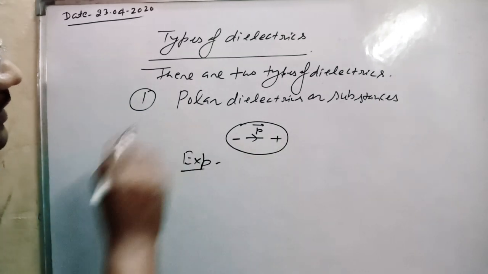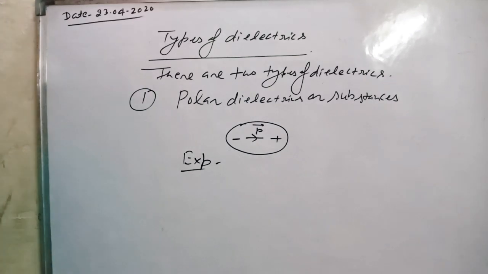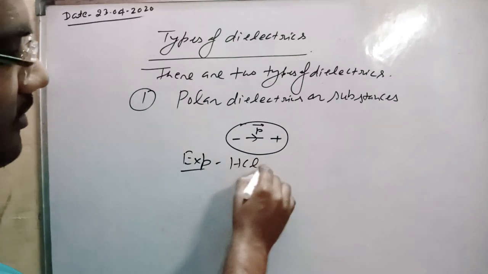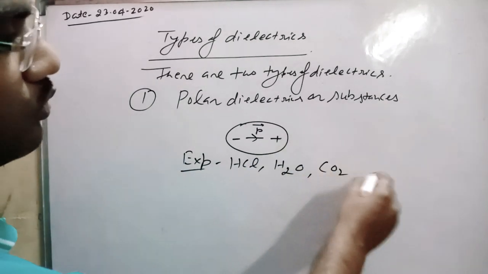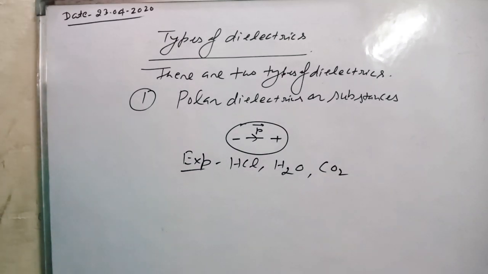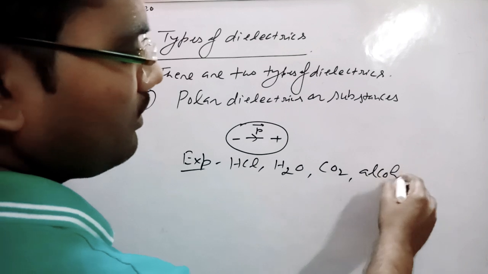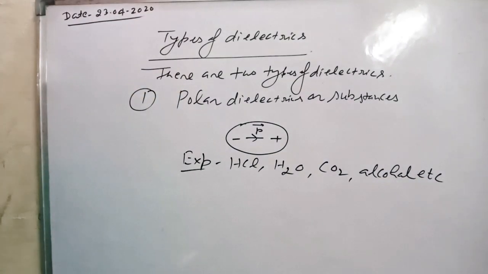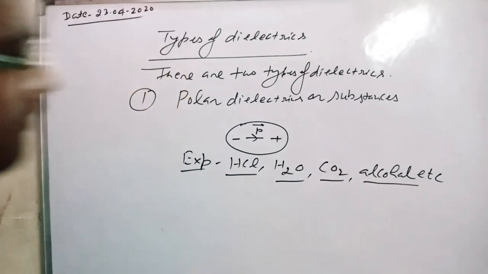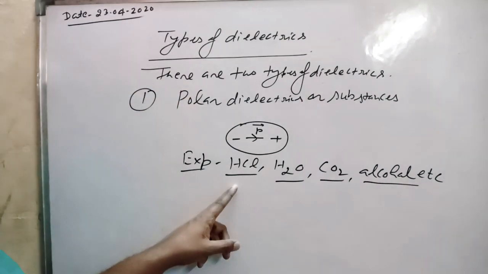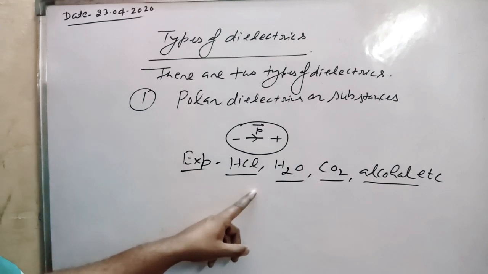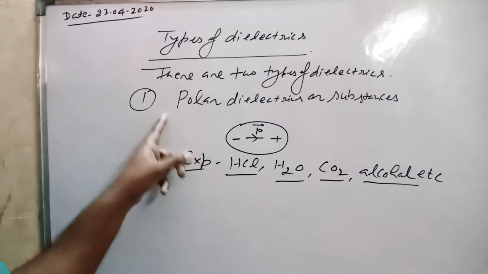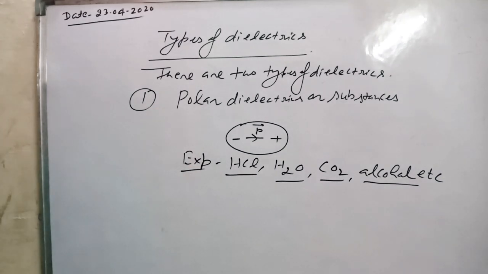Examples of polar dielectrics are HCl, H2O, CO2, alcohol, etc. What is the property of these molecules? These molecules are not symmetrical. That means polar dielectrics do not have symmetrical shape.